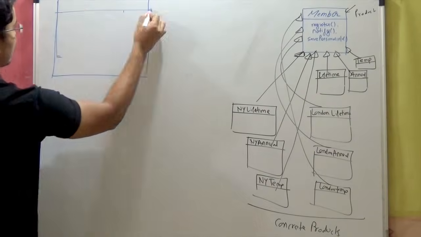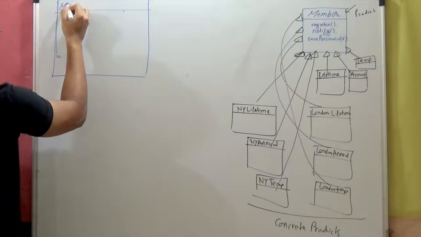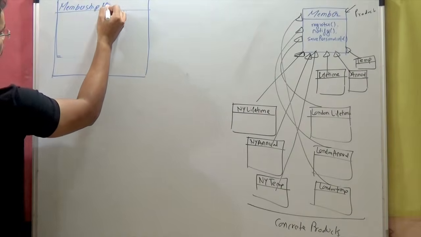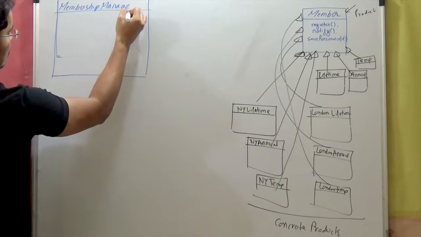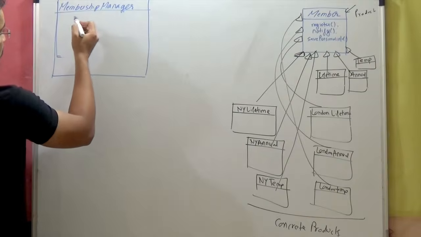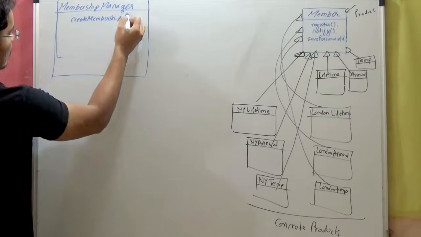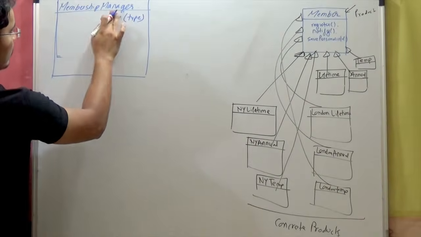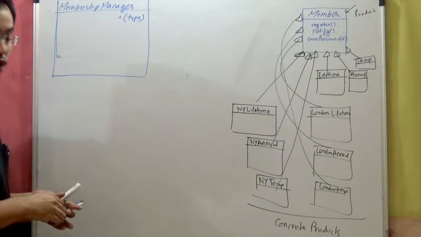So this class name is membership manager, right? We'll make it abstract and we'll have a create membership method. It has an argument type. This create membership method is a concrete method.